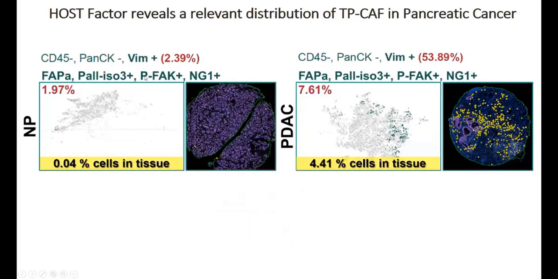As expected, the normal tissue has a practically minimal amount of these cells present in the stroma of this tissue. On the contrary, pancreatic cancer has a very, I will say, important amount of cells distributed in this tissue.